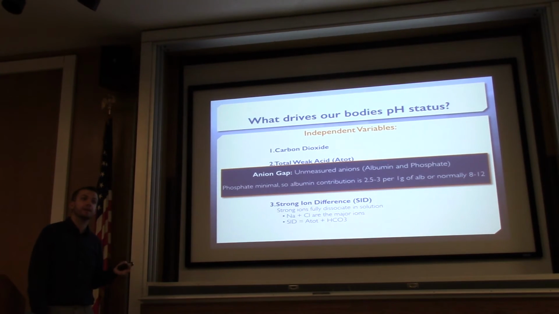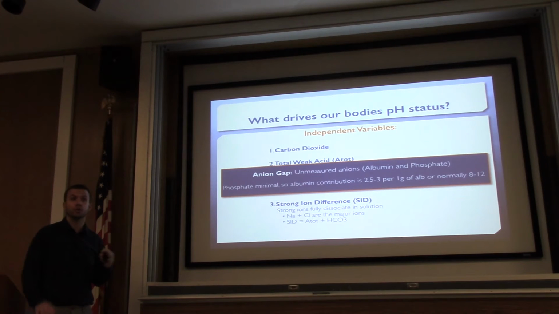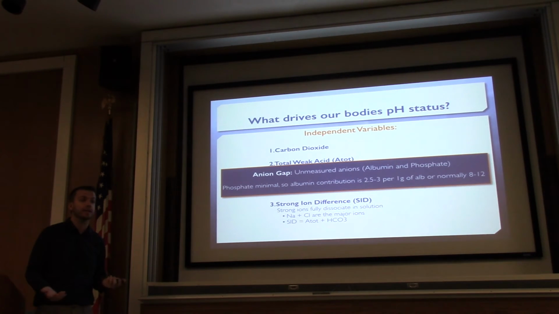So if somebody has an albumin of 2, then they're going to have a gap of 5 or 6. So their normal anion gap with an albumin of 2 is 5 or 6. So if somebody has an albumin of 2 and their gap is 13, they have a gap because their normal gap is significantly lower.